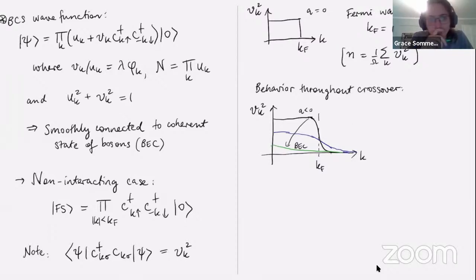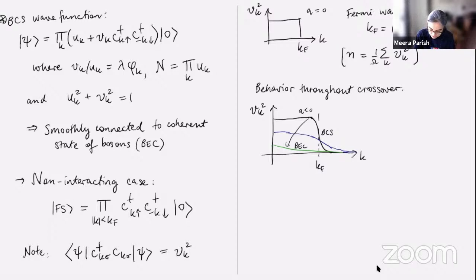So where on this plot is the BCS limit? This first one is the BCS. The BCS limit is where it looks very similar to the non-interacting case.